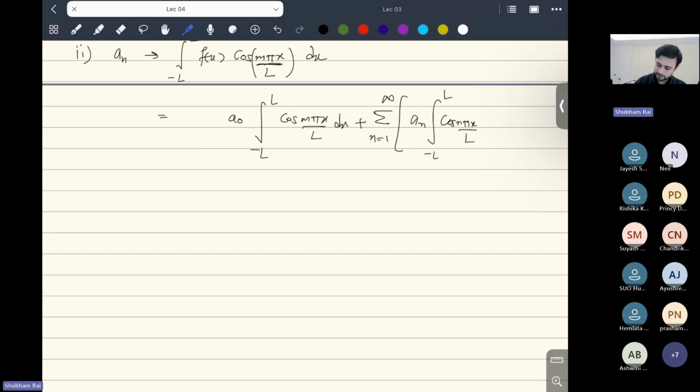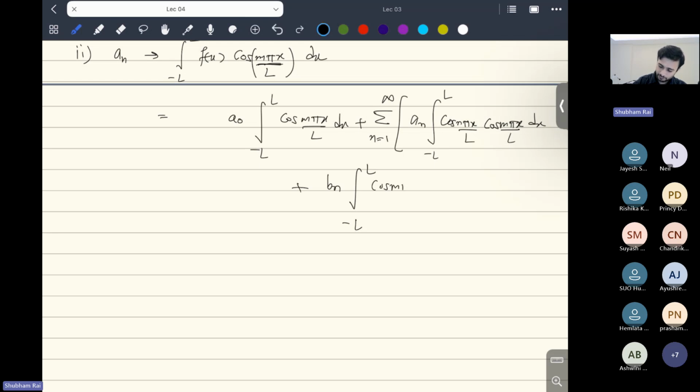I have multiplied this whole series with cos(m pi x by L), so that also will come here, and then dx. Then I have the sine term, plus bn, integral from minus L to L, again cos(m pi x by L), because I have multiplied my whole series.